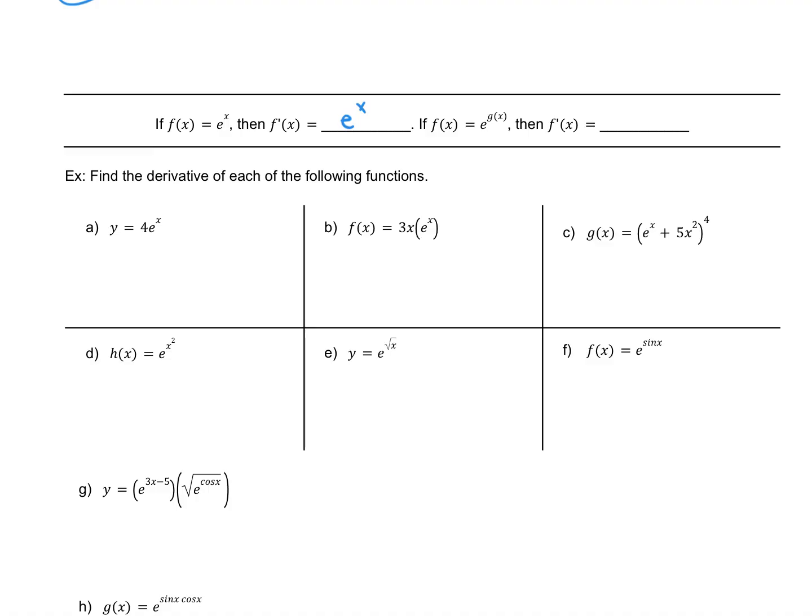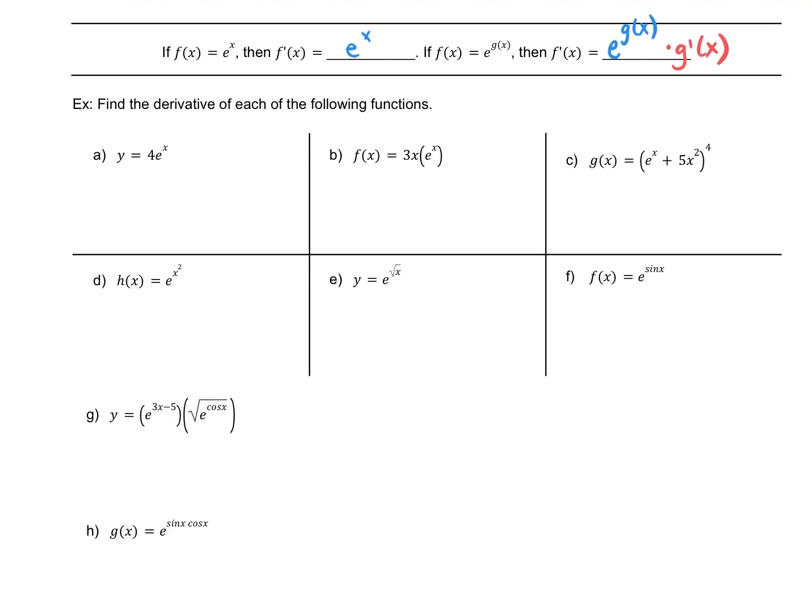The outside function is e to the power of something, and e to the power of something is the exact same thing. So first I'm just going to take the derivative of that. And now my inside function is g of x, so then I'll multiply that by the derivative of that inside function. Okay? So let's try a few derivatives here.